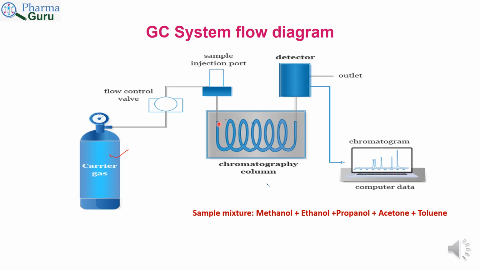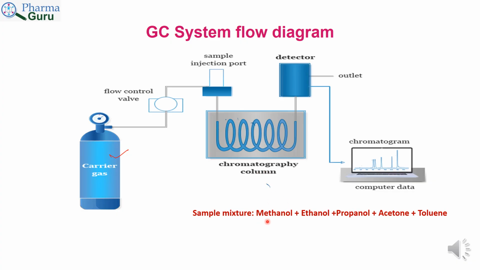Sample will enter into the GC column. Since each of methanol, ethanol, propanol, acetone and toluene has different polarity, therefore each component will interact with different capacity with the stationary phase.